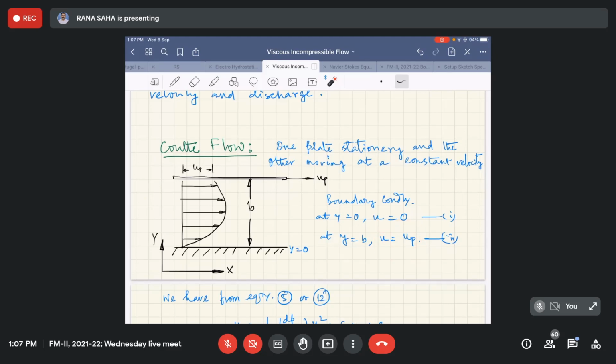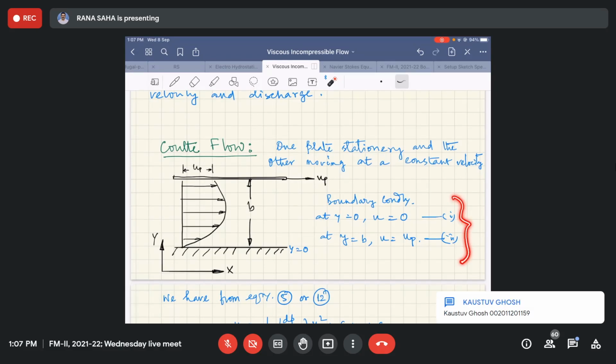Again, here also we are applying the no slip condition, due to which the velocity of the fluid attached to the moving plate is u equals up. So these two conditions once again are from the no slip condition.